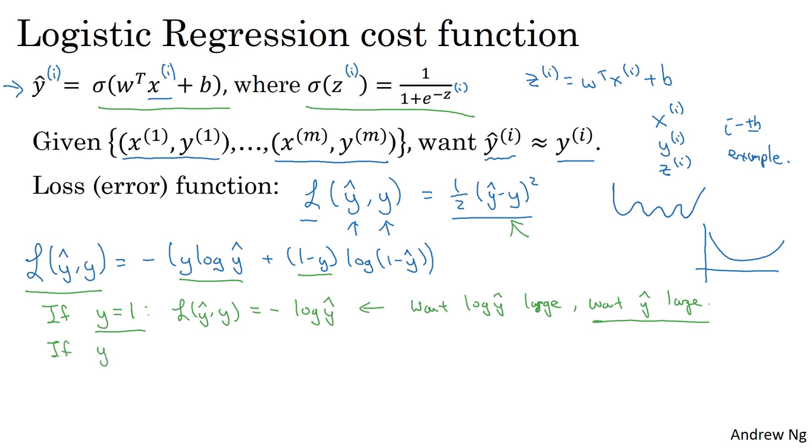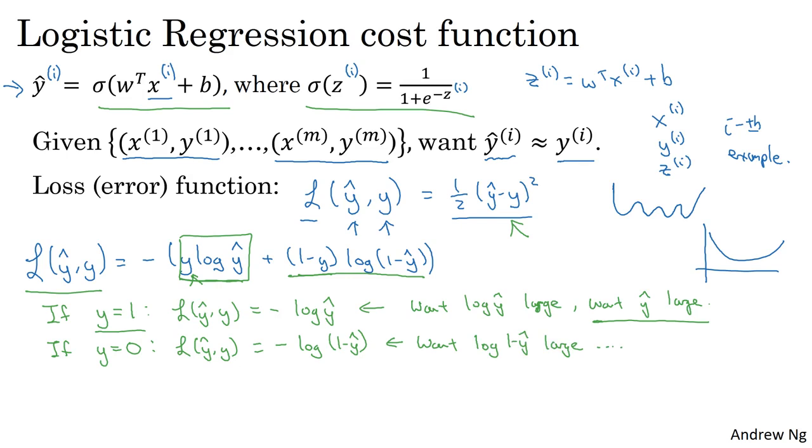The other case is if y equals 0. If y equals 0, then this first term in the loss function is equal to 0 because y is 0. And then the second term defines the loss function. So the loss becomes negative log 1 minus y hat. And so if in your learning procedure you try to make the loss function small, what this means is that you want log 1 minus y hat to be large, because there's a negative sign there.